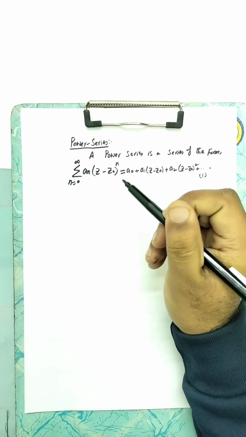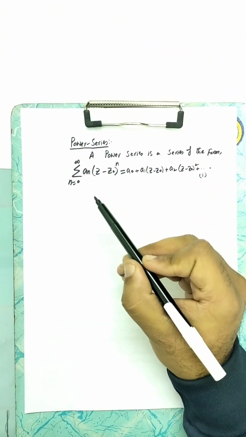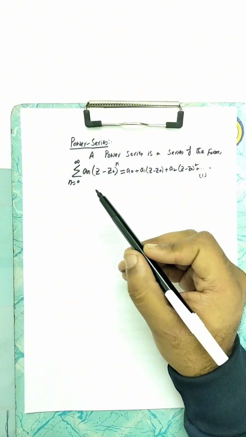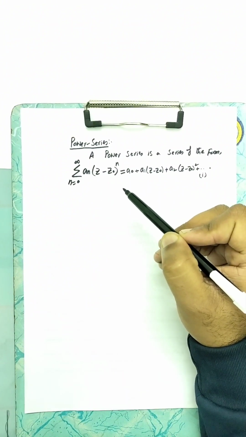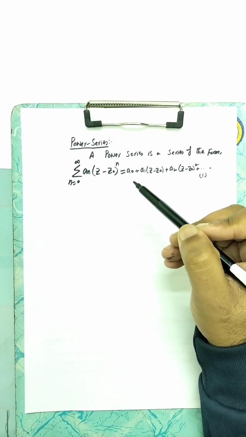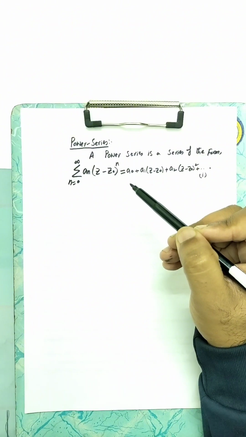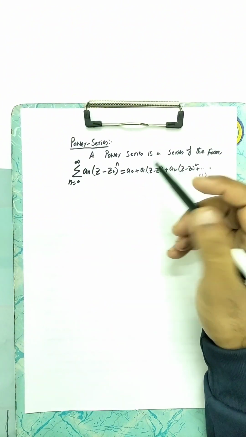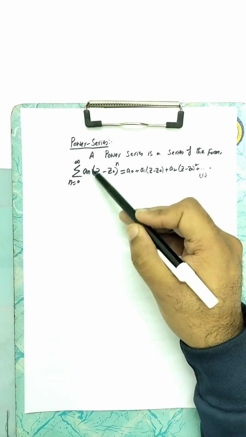So this is the general definition of power series, and here z is a complex variable and a_n are the coefficients, a naught, a1, a2, and so on. These coefficients may be real or complex.